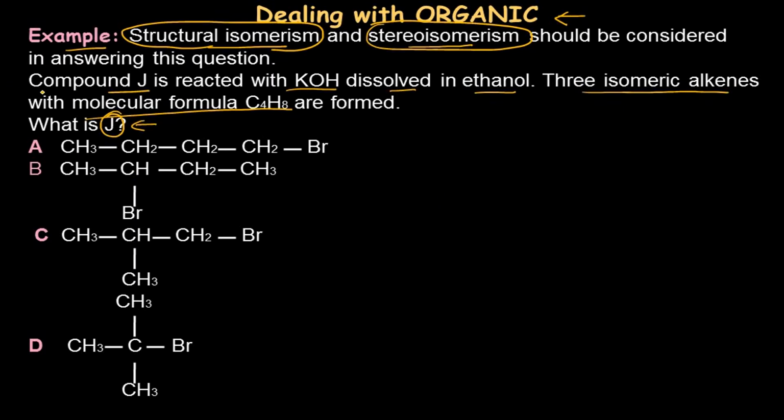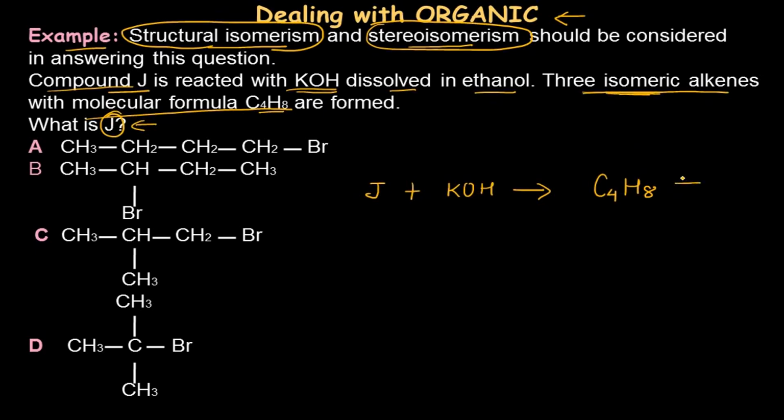Now let's again reread the question. What it says is compound J is reacted with potassium hydroxide. So let's work out. J is reacted with potassium hydroxide. Now it says that 3 isomeric alkenes with the molecular formula C4H8 are formed. So here you have got C4H8 as the product. Now it says 3 isomeric alkenes.